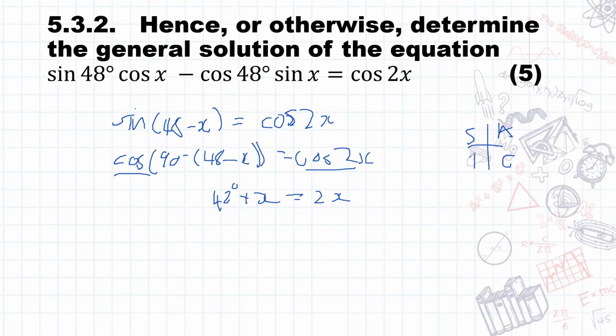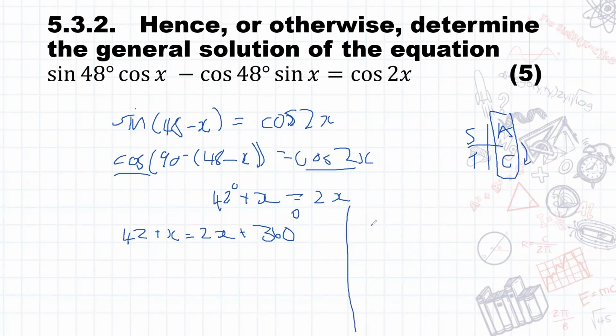All right. Now, because we've used cos, we're looking at where is cos positive, and it's in these two quadrants. Okay, so we're going to get x by itself. So we're going to have 42 plus x is equal to 2x plus k360 degrees. That's for this quadrant here, okay?